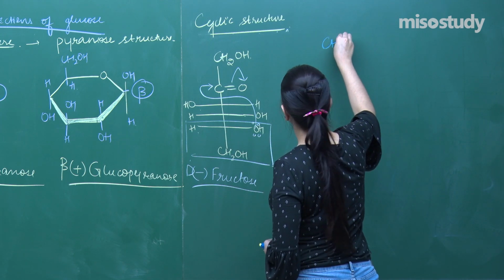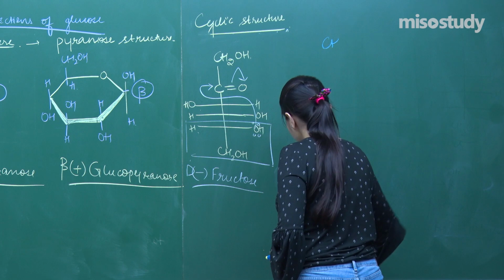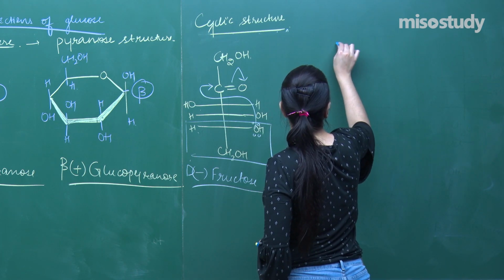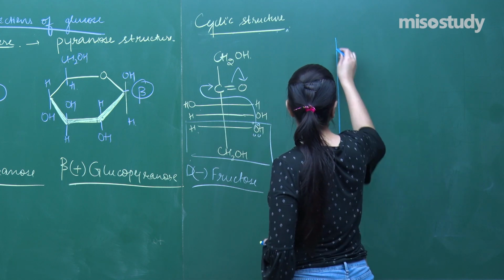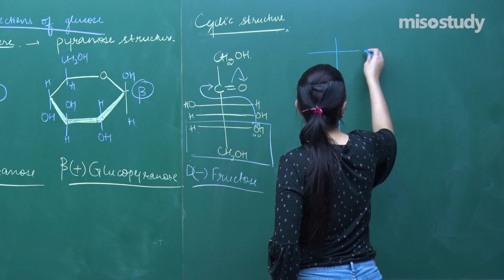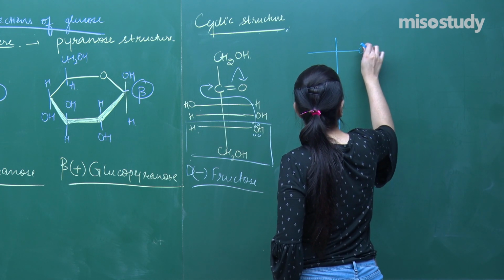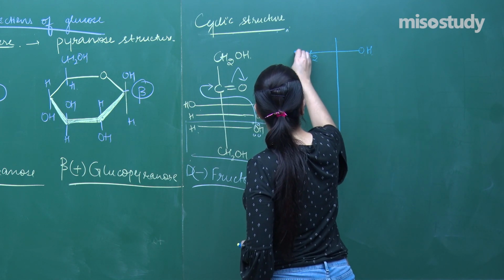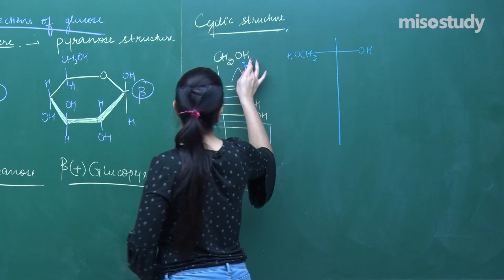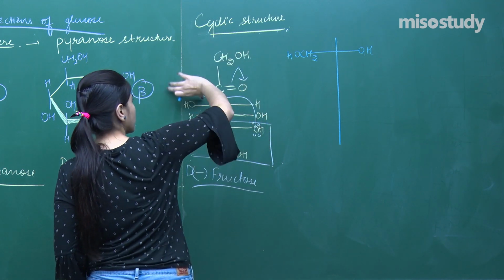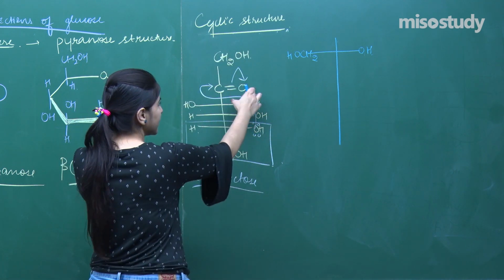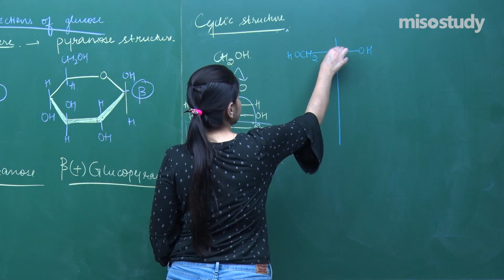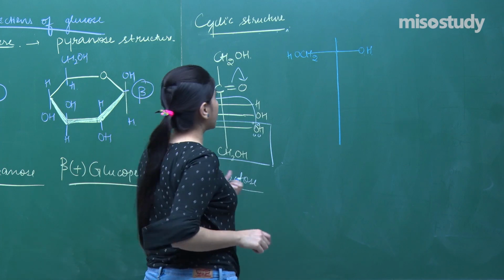CH2OH, fine. I have just made this group come over here, right? And there will be an OH, another OH produced. That is what I have done here, and this is this particular carbon that I have, right?